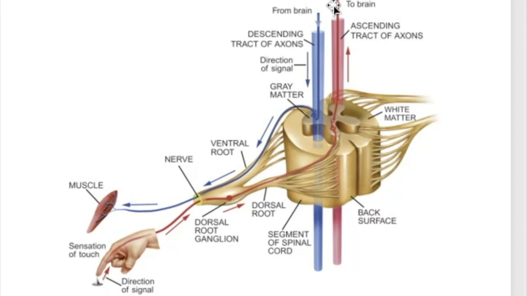The brain will integrate the information and initiate a response. The response is going to come down descending tracts. It will then exit through the ventral root of the spinal cord at the appropriate level, where it will have its effect on some effector structure, probably muscle, to help pull that hand out of the way of that pin.